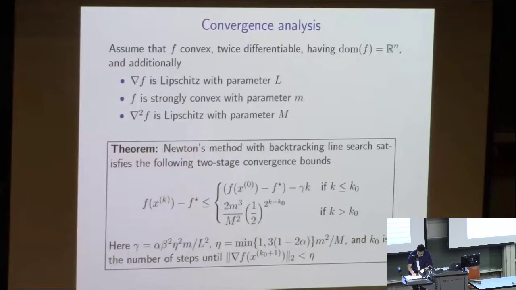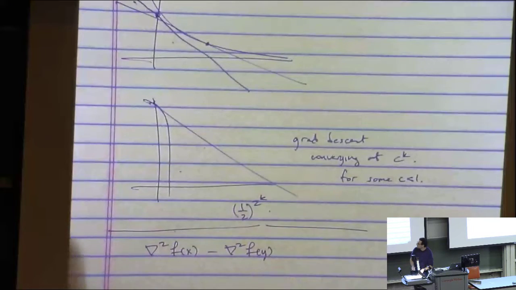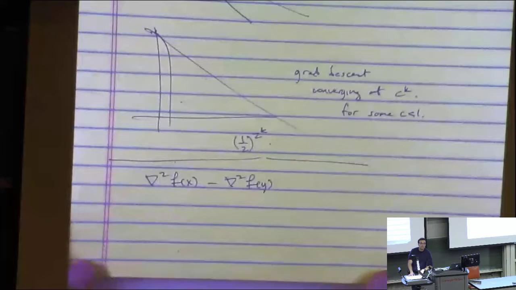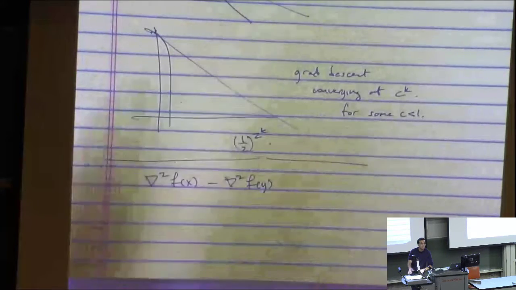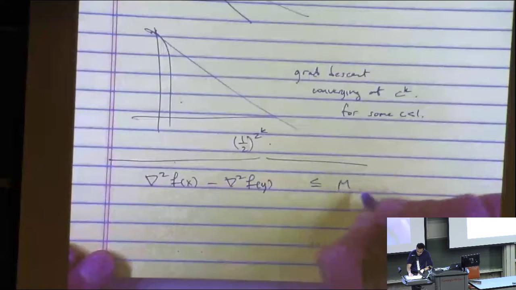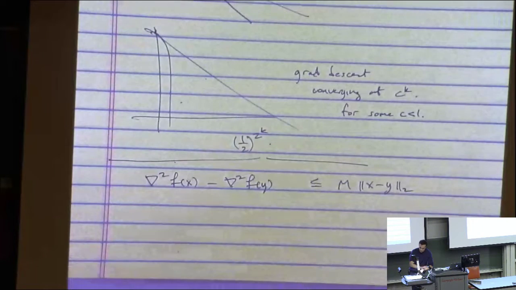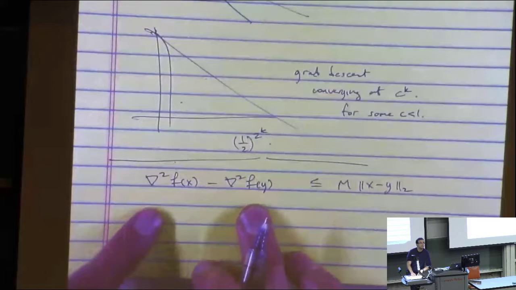That means that if I look at the Hessian at x and I look at the Hessian at y, 2 different points x and y, then the norm of this in some norm has to be bounded by m times the distance between x minus y. That's what Lipschitzness means. Well, these are matrices, right?